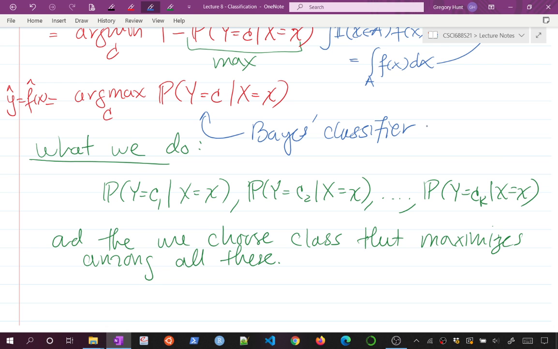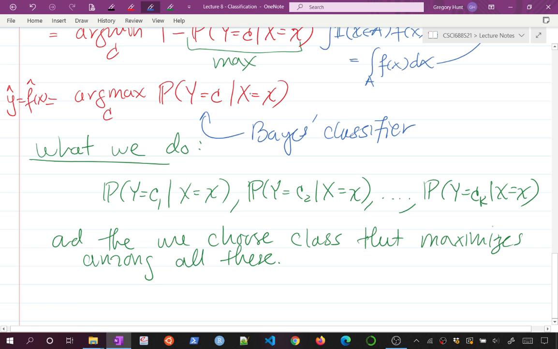When anyone talks about the Bayes classifier or the Bayes classifier rate, that is in reference to the optimal classifier with a 0-1 loss. If we go to a different loss, we might get a different optimal classifier, and we'll hopefully get to that later in the course. But the Bayes classifier is what we get because in many cases we're going to use Bayes rule to calculate this conditional probability.